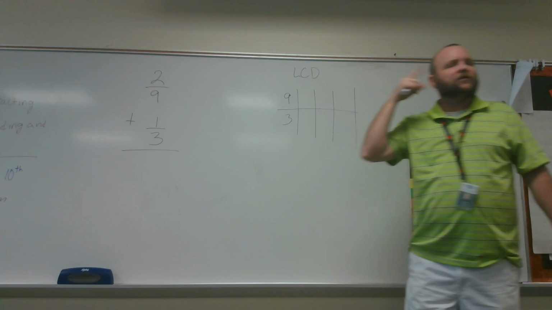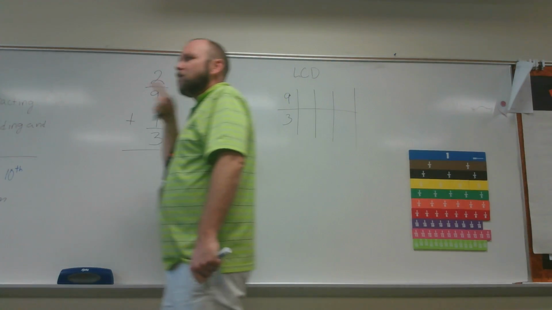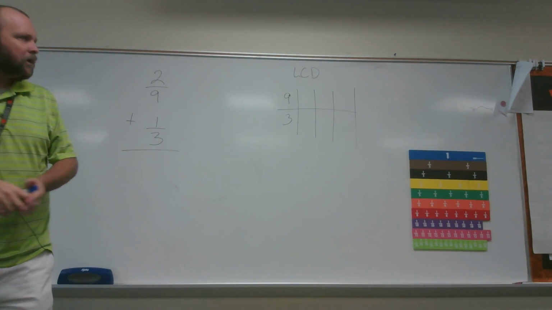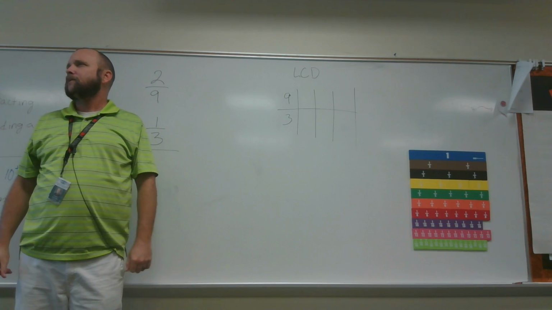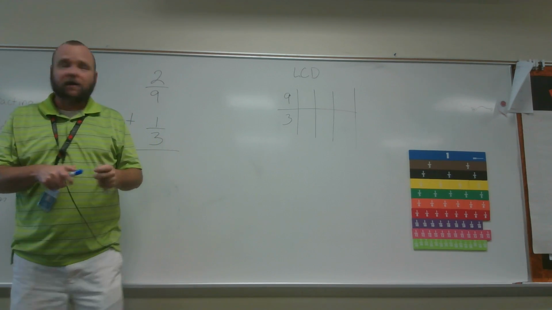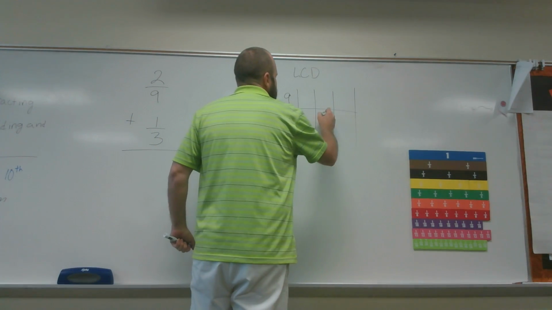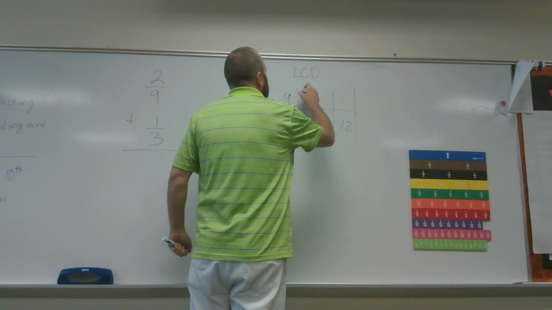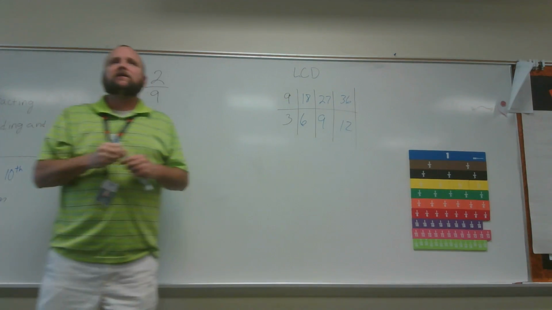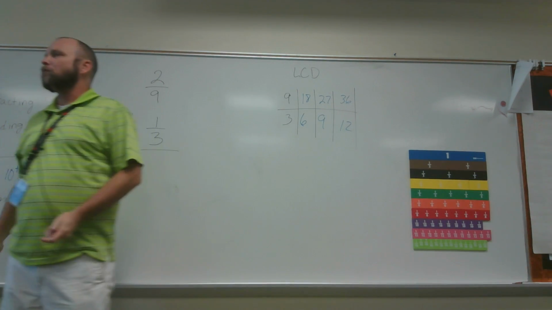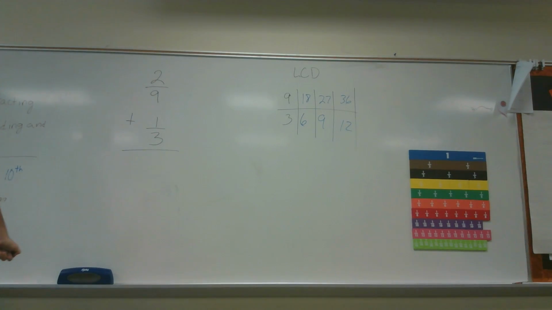We're going to do some thinking, Olivia. Is 9 a multiple of 3? Yes. Because if I go 3, 6, 9, 12, and 9, 18, 27, 36, I'm basically just listing the multiples until I find one in common.